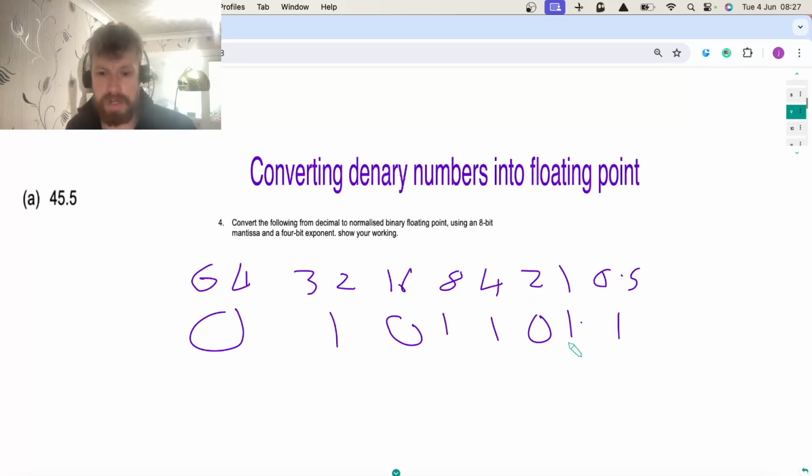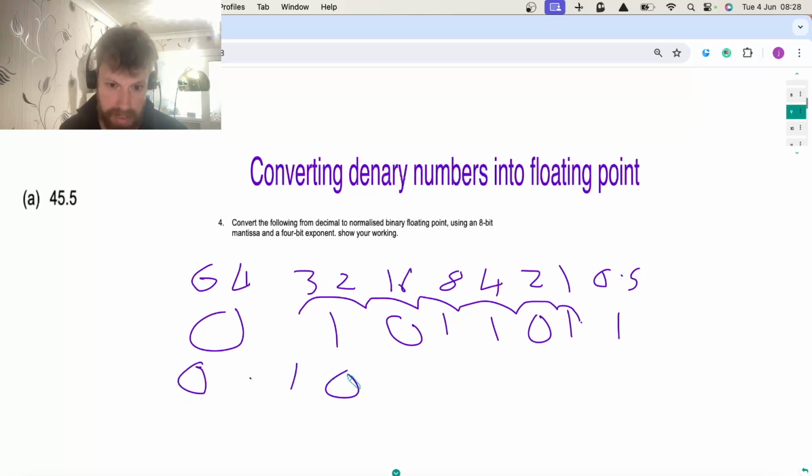The last stage is where we are actually going to move it. We have to essentially normalize it like we were doing on the other ones, but this tells us what the exponent is going to be. So I need to move it so that it's where it's 0, 1, and it's got to be the furthest 0, 1 on the left hand side. So we're going to go 1, 2, 3, 4, 5, 6. So we move that 6 times.